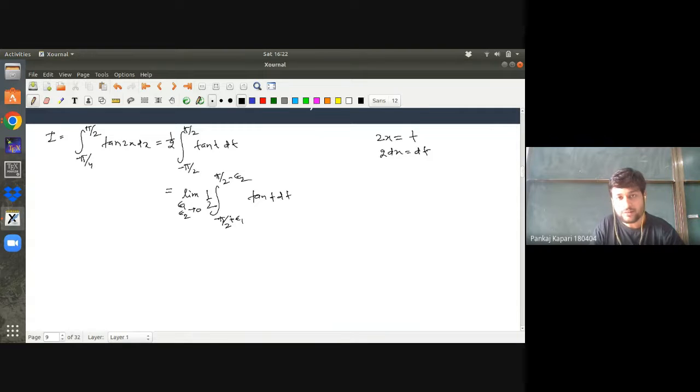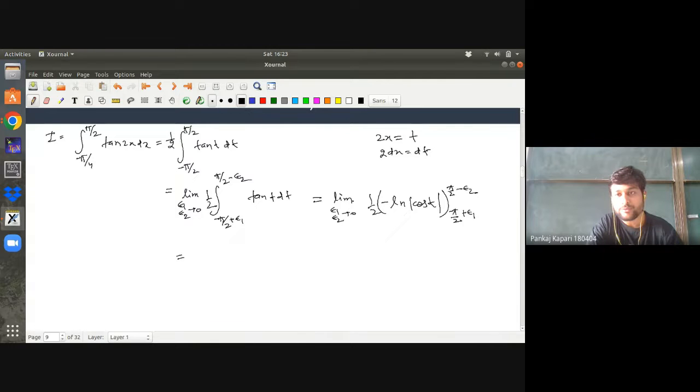The integral of the tan function is minus log of cos t. Then you put the upper limit and lower limit: minus pi by 2 plus epsilon 1 and pi by 2 minus epsilon 2, with the half and the limit epsilon 1 and epsilon 2 going to 0.